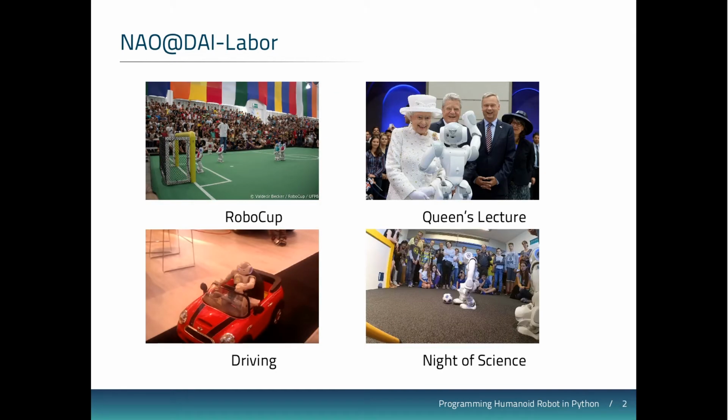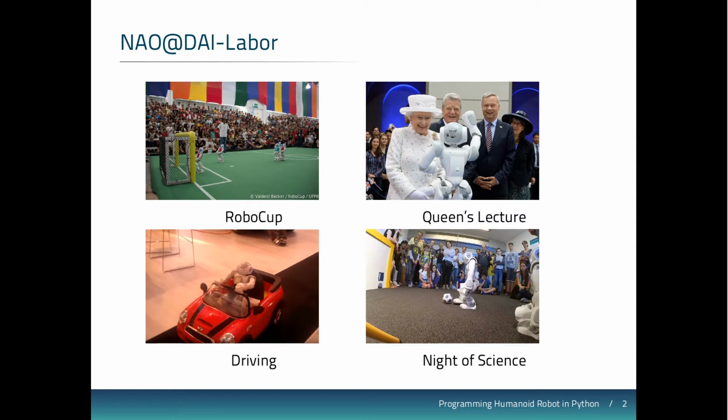In Dai level, we have a team of 8 nodes, and we have attended several events in the past years. The biggest one is the RoboCup. We have a team of 5 robots playing soccer against other teams from other universities.